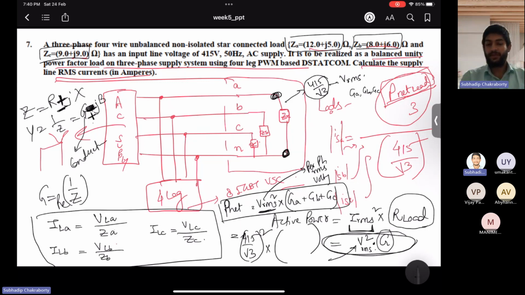So you can just see what is it coming. Active power, you can just let me know. So active power will be anyways VRMS square into GA plus GB plus GC.